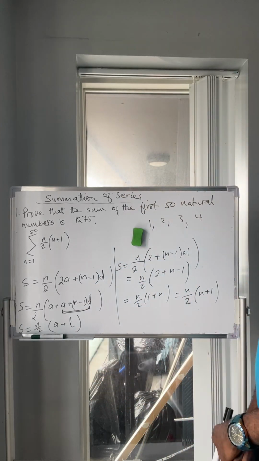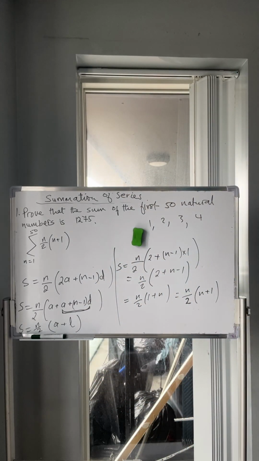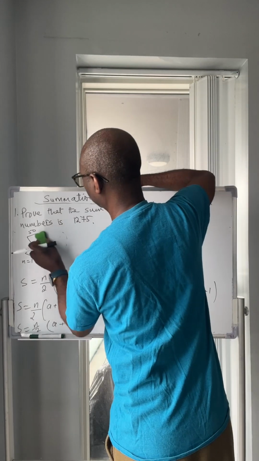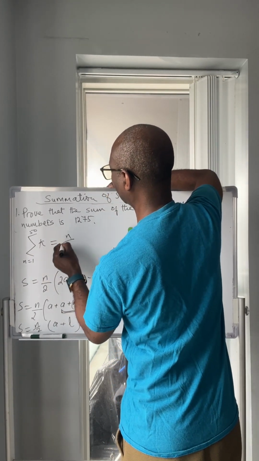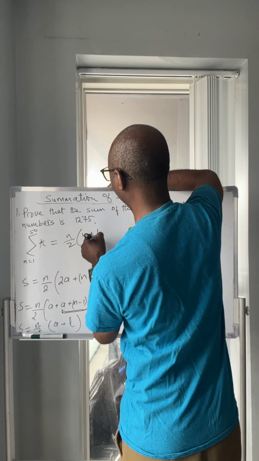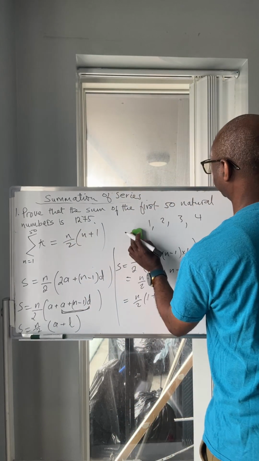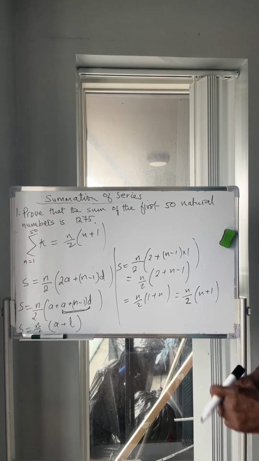So that is what we are looking at, the sum of the first natural numbers. Not to cause confusion, let me still put k here. This is equal to n all over 2 into n plus 1.